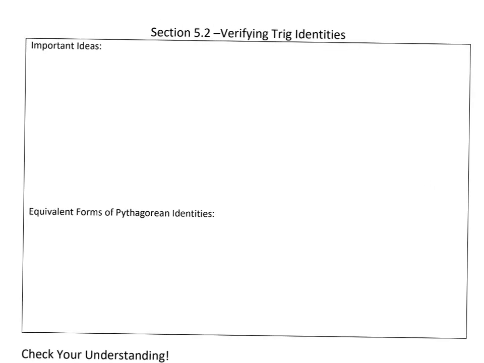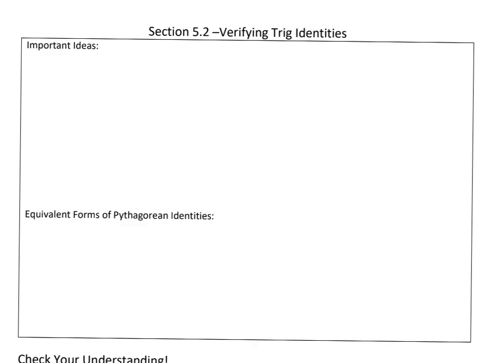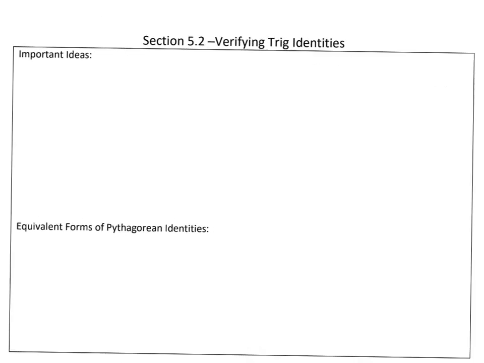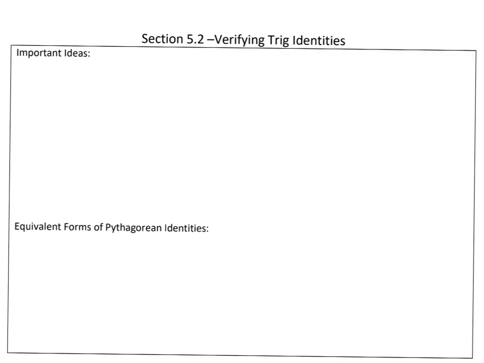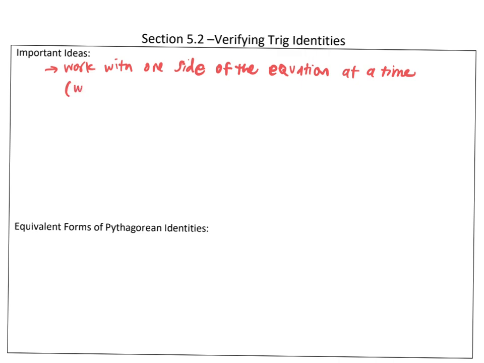All right, we are now going to summarize and prepare ourselves to verify trig identities. So when you are working and verifying trig identities, you always want to work with one side of the equation at a time. And you're going to want to work with the most complicated side.